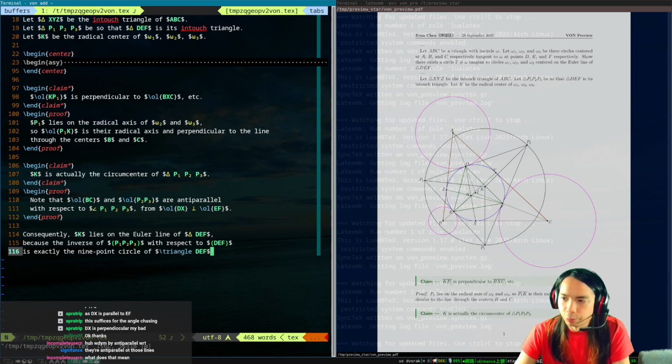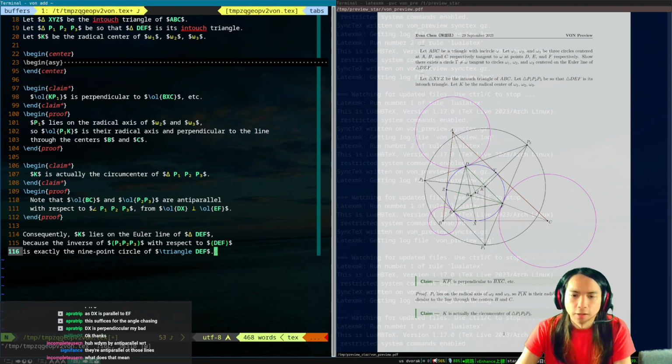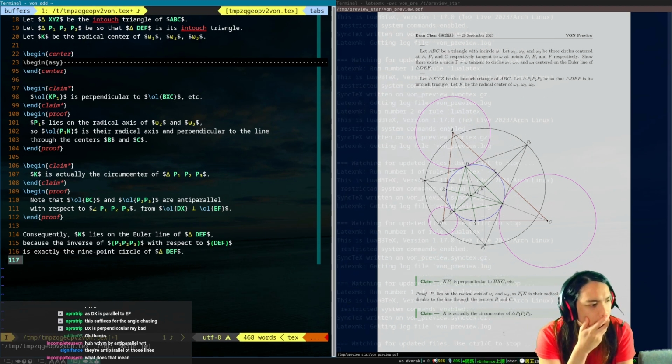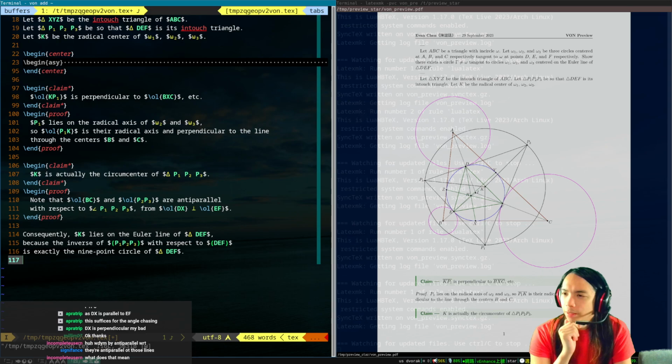Pi inverts the midpoints of the sides of DEF. And anti-parallel means that lines EF, BC, P1P2, and P2P3 form a cyclic quad, which is easier to think about.